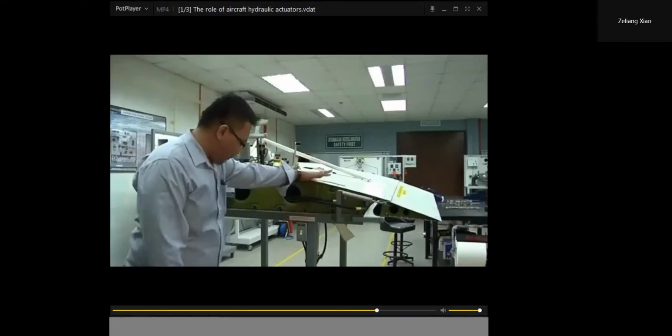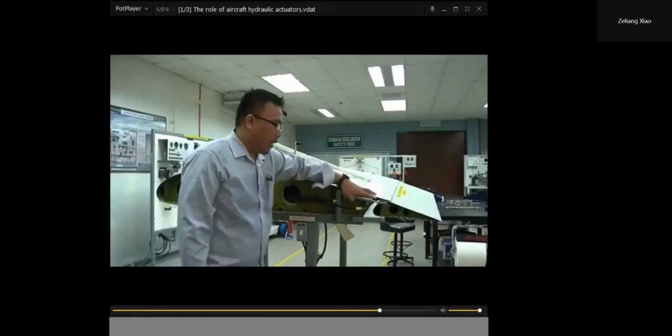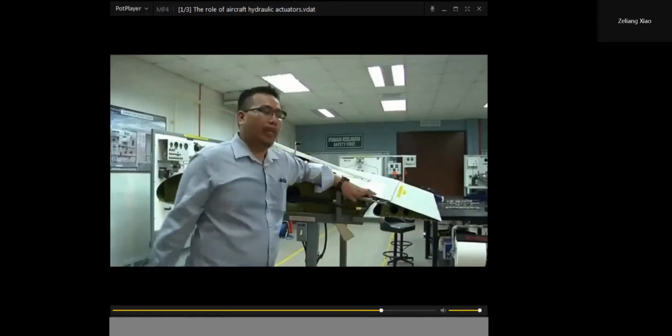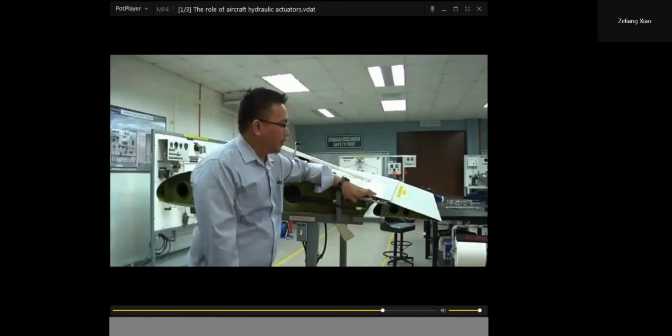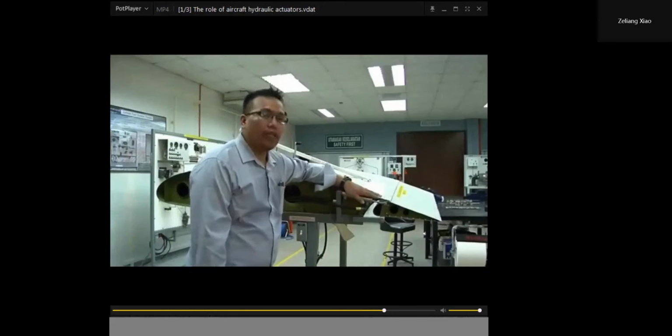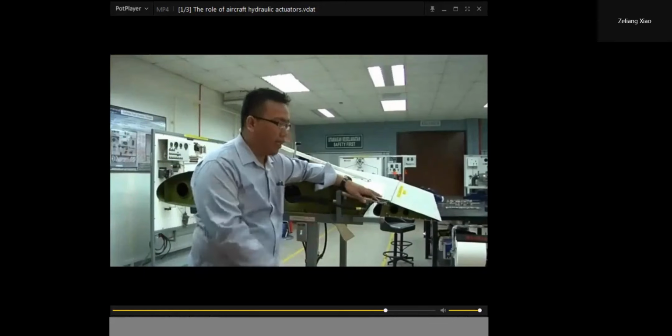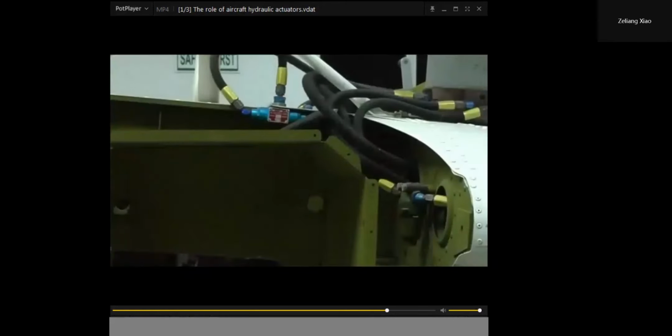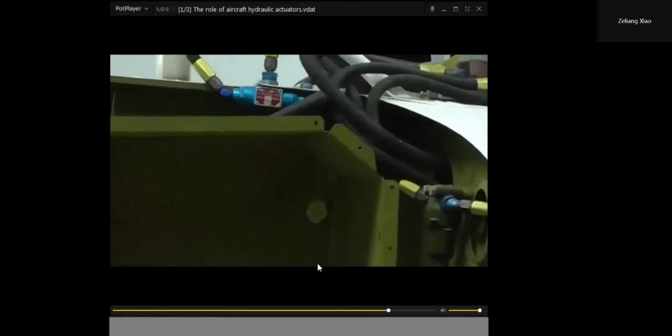To achieve this very smooth, precise movement of the actuator, hydraulics provide more torque, as hydraulic fluid is incompressible, unlike pneumatics.